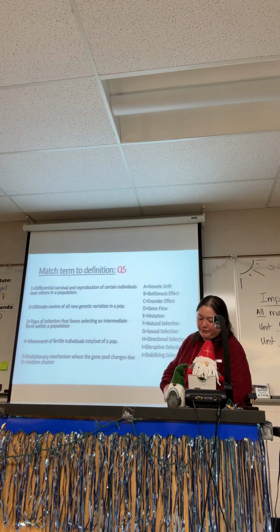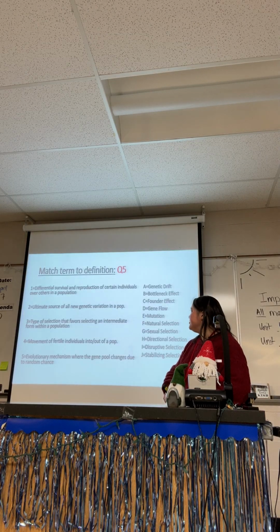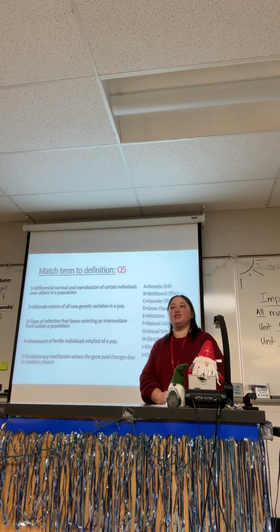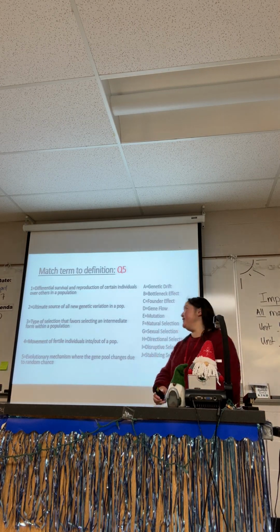Number 4, movement of fertile individuals into or out of a population changes the gene pool. Gene flow, good. Immigration, emigration. And number 5, an evolutionary mechanism where the gene pool changes due to random chance. Good. Genetic drift.